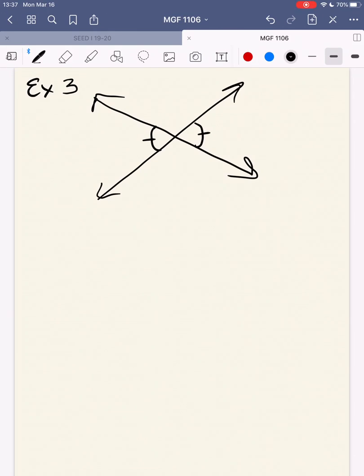This means that those two angles are exactly the same, so the little lines tell me which ones match. This is 1 and 3, and 2 and 4. I am told that the measure of angle 1 is equal to 57 degrees, and I want to find the measures of the other 3 angles.